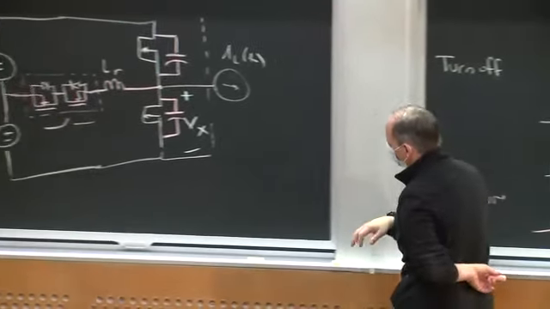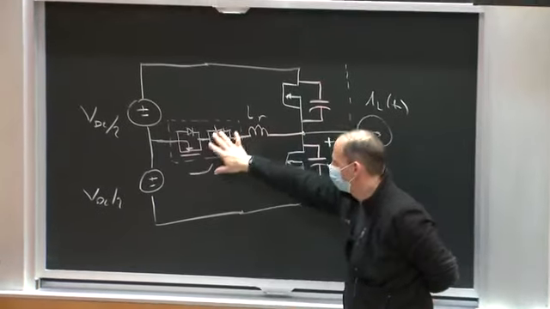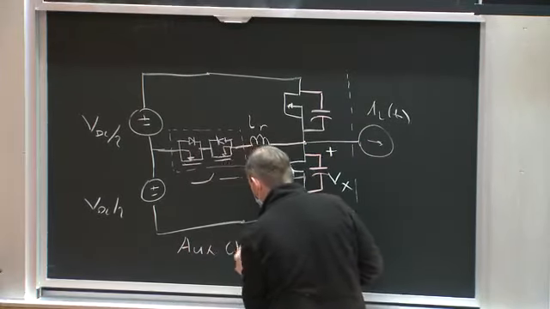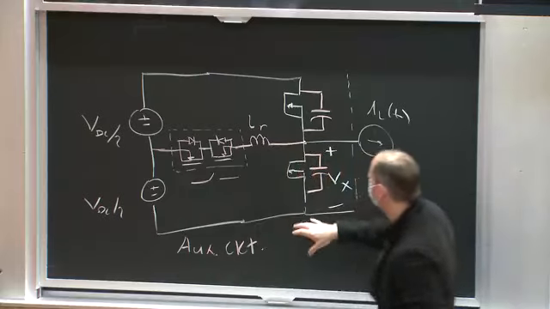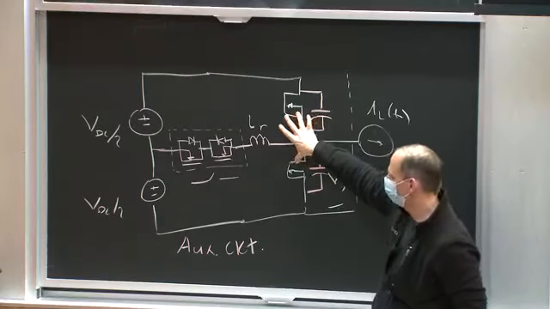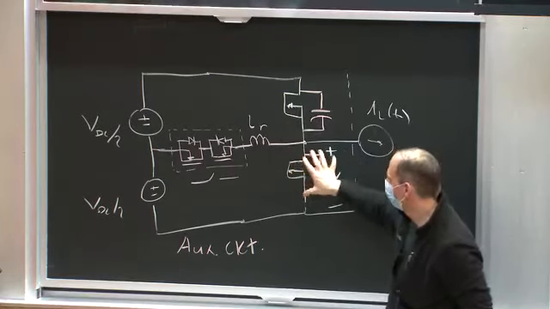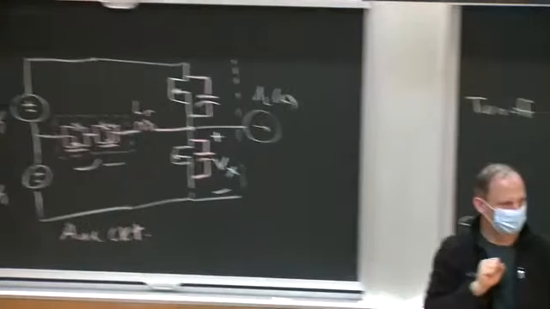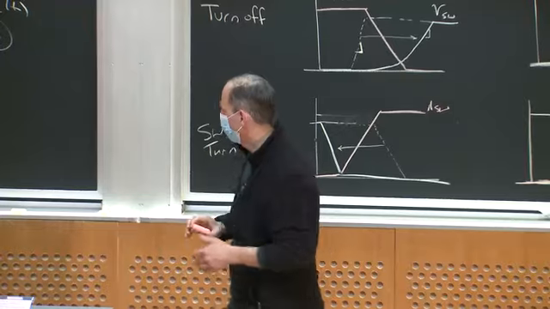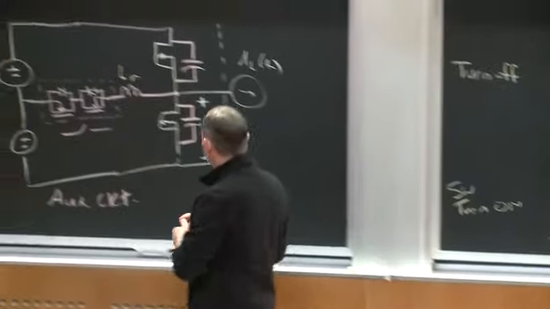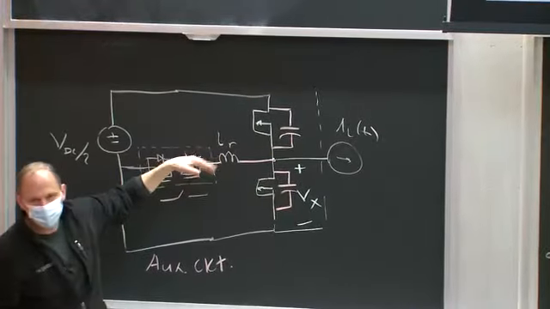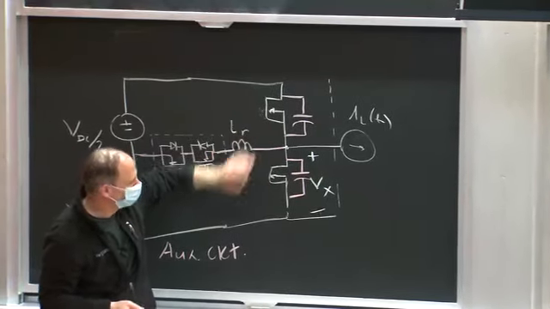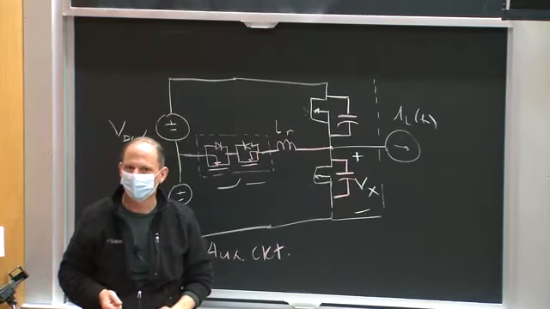So this circuit, the pink circuit, is an auxiliary circuit, okay, which is going to give me zero voltage switching on my main devices, and itself is going to operate with zero current switching. Okay? And this pink circuit is only going to operate transiently at the times when I want to switch between the bottom and top main device.